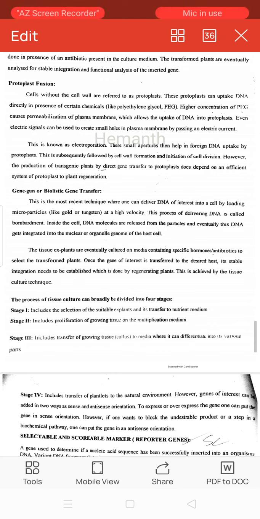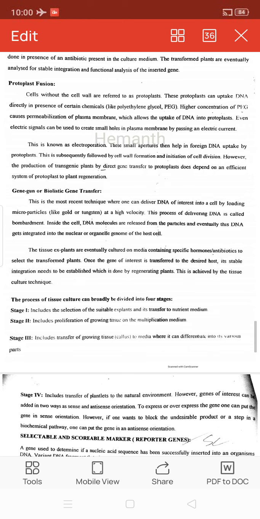This is subsequently followed by cell wall formation and initiation of cell division. However, the production of transgenic plants by direct gene transfer to protoplasts does depend on an efficient system of protoplast to plant regeneration.